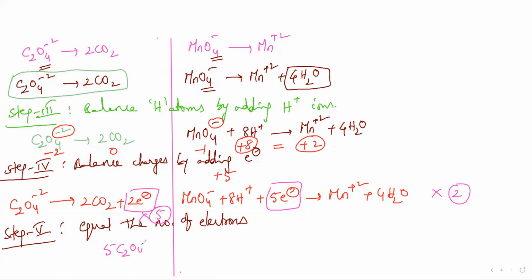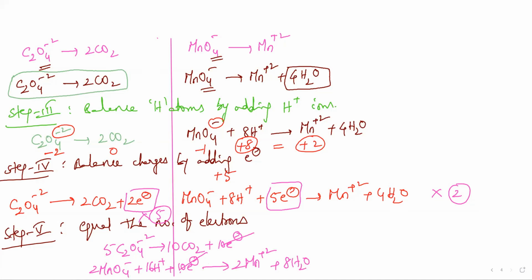Five into 2, 10. Here it is multiplied with 2: 2 MnO4 minus plus 2 into 8, 16H plus, 10 electrons gives rise to 10 electrons. 10 electrons get cancelled.